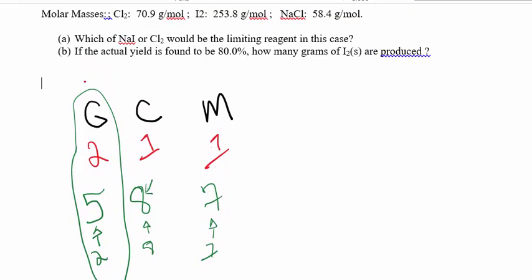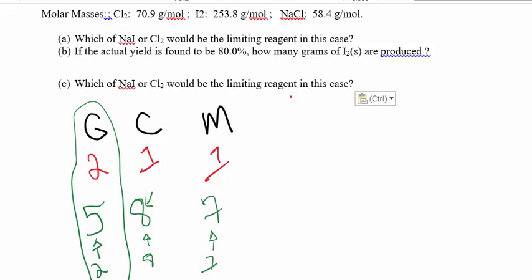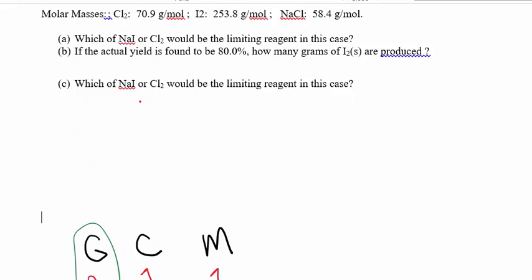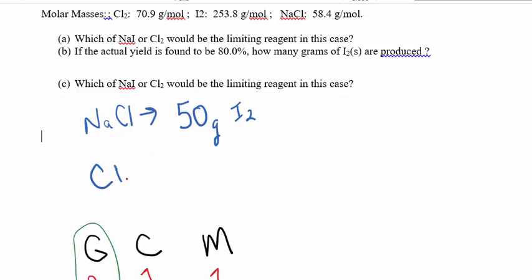So now they're asking in the second to last question, what's our limiting reagent for this case? Well, what yielded us less? So if you remember, with NaCl, we were only able to get 50 grams of iodine. And we just found out with Cl2, we were able to get 58 grams of iodine.